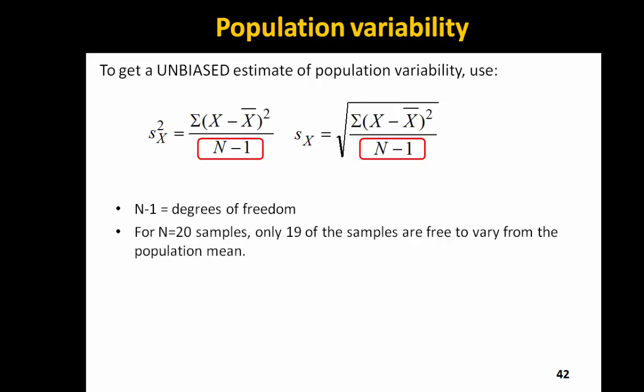So for example, if there were 20 individuals in our study in which we measured age, our sample size is 20, but our degrees of freedom will be 20 minus 1, which is 19. What that tells us is that out of the 20 samples, 19 of the samples are free to take on any value along our measurement tool, and once we have all 19 that were free to vary, the final value is not going to be free to vary.